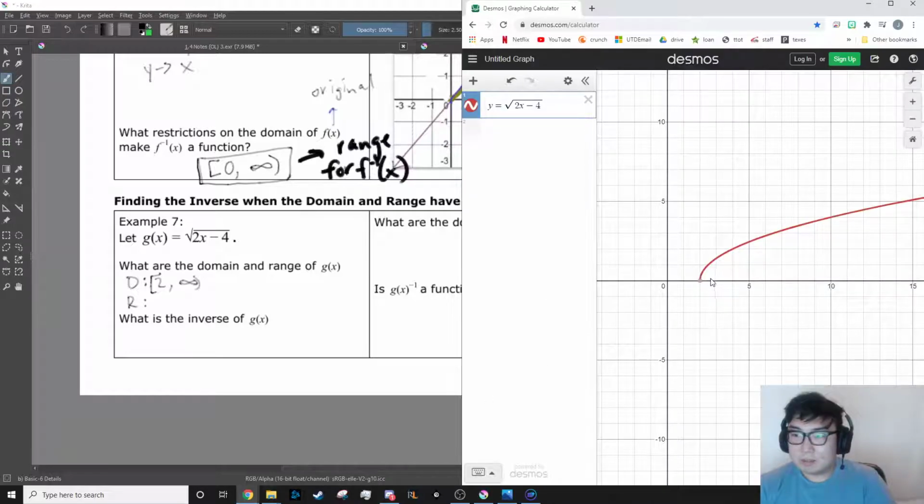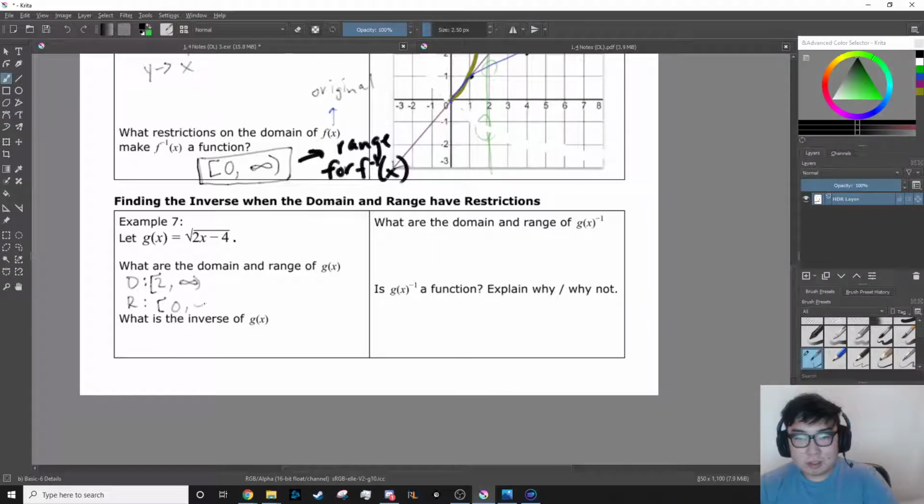There it is. My range, my lowest point is 0, and this graph has an arrowhead right here but going diagonal. So I know eventually it'll go to infinity. So I will write 0 to infinity for my range.